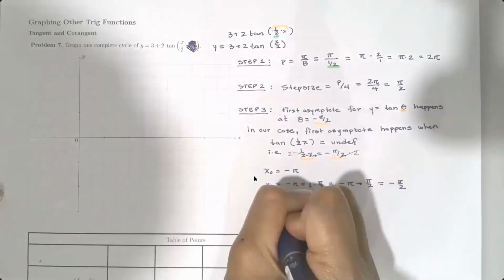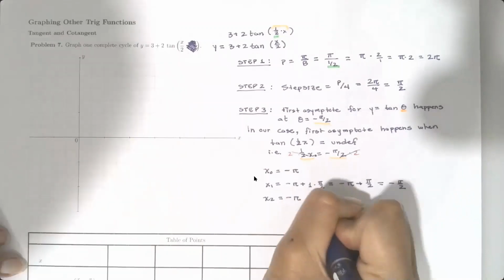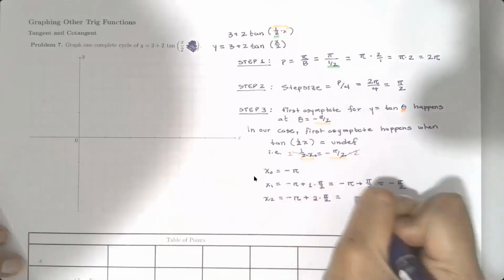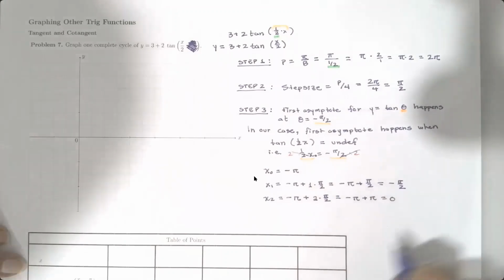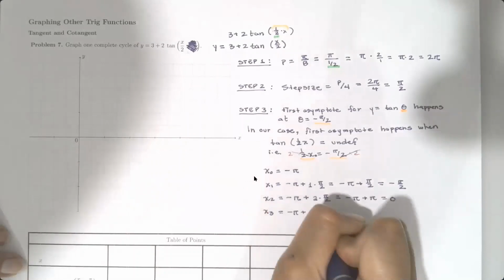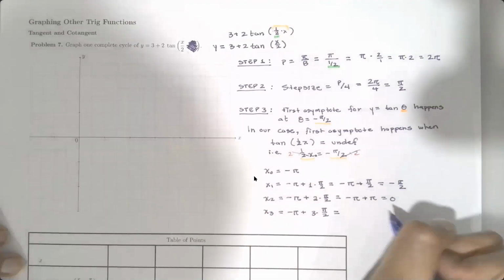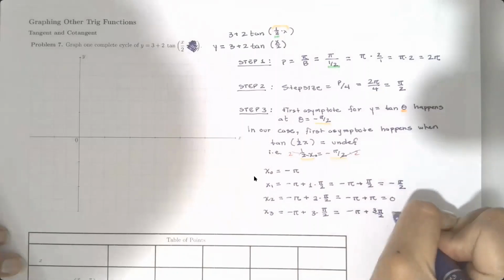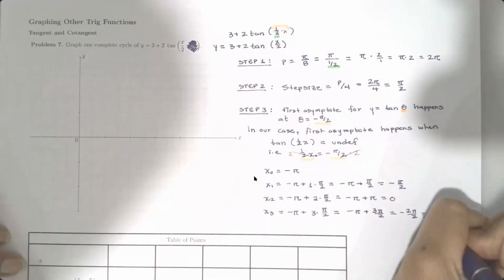The next one, again, we start at the first asymptote, negative pi, and then add 2 times the step size of pi over 2. This becomes negative pi plus pi, which is equal to 0. And then the one after is negative pi plus 3 times pi over 2, which we could write as negative 2 pi over 2 plus 3 pi over 2.